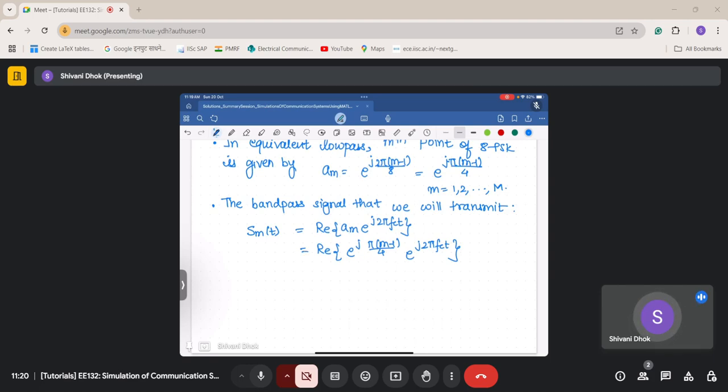And now you can write it as real part of e power j (2 pi fc t plus pi by 4 (m minus 1)), which comes out to be equal to cos of (2 pi fc t plus pi by 4 (m minus 1)). Okay.